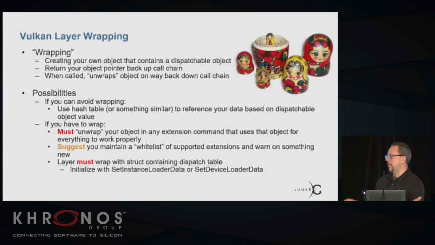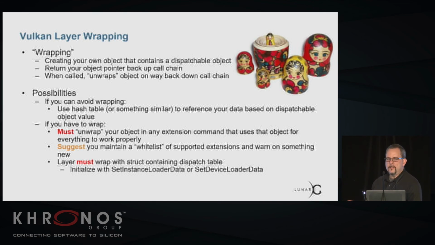And the main problem is that you must unwrap your device going forward for any function that ever gets defined that uses that object, in this case a VK device. Any extension command, if you want to properly interact, because remember, your layer only has to intercept what it wants to, but if it doesn't know about a new command, you're passing now the wrong object pointer down to the next layer. It's going to crash. And so if you wrap something, it can cause problems.